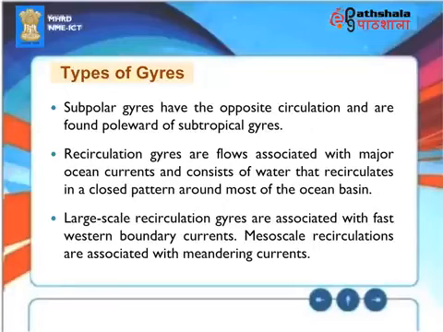Recirculation gyres are flows associated with major ocean currents and consist of water that recirculates in a closed pattern around most of the ocean basin. Large-scale recirculation gyres are associated with fast western boundary currents. Mesoscale recirculations are associated with meandering currents.